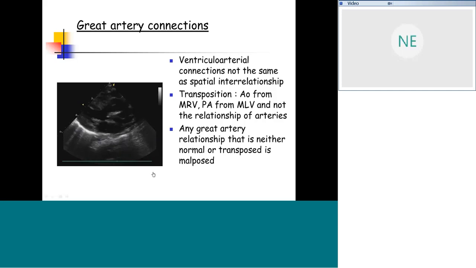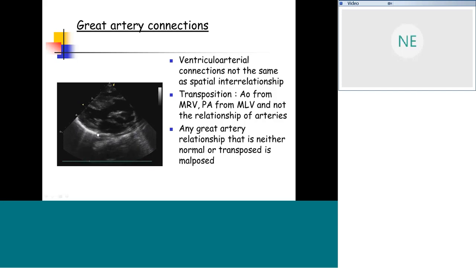Both do not always go hand in hand. For example, you can have a transposition, that means the aorta is coming from the morphological right ventricle, but the relationship may not always be in a particular way. So when we talk about great artery connections, we are talking about the ventriculo-arterial connection.